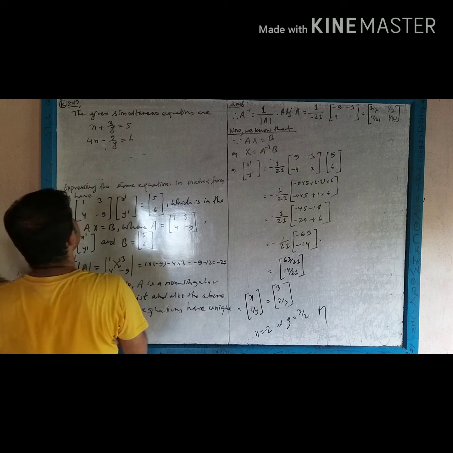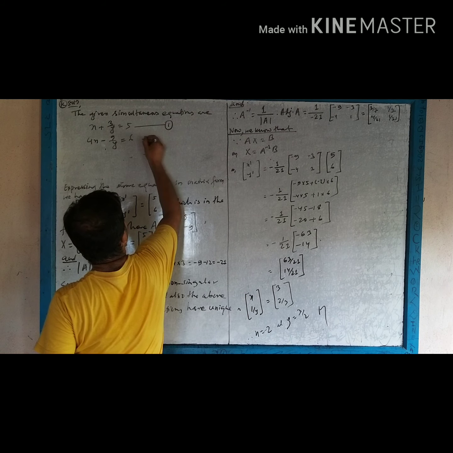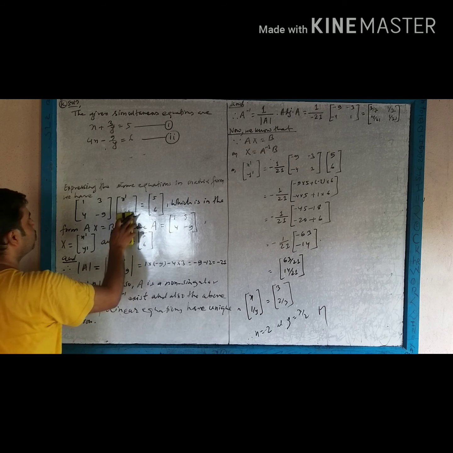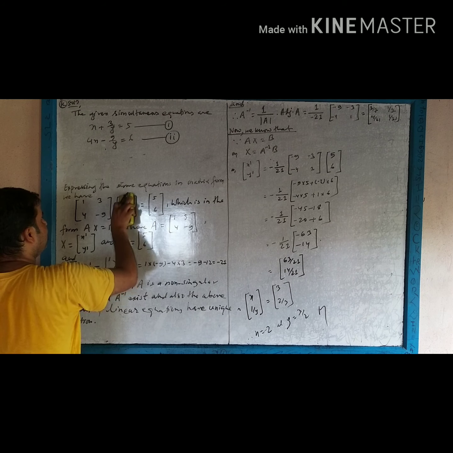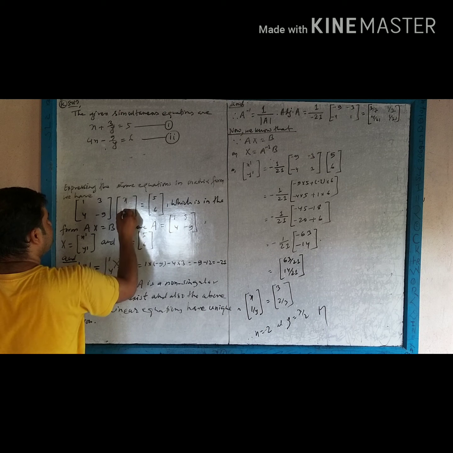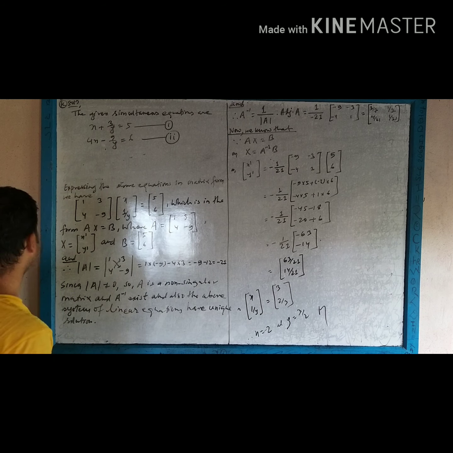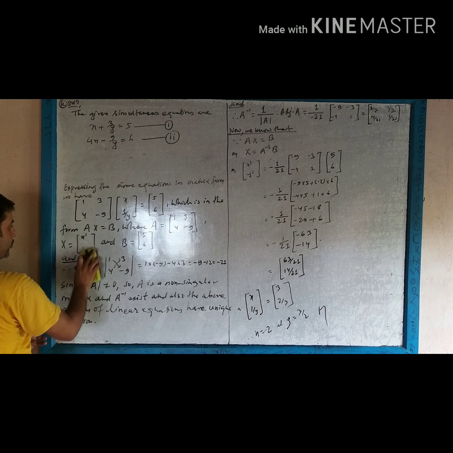Suppose you take this itself as equation 1 and equation 2. Okay, you write this here. This is x and this is 1 by y. Okay, no problem. So here will also be x and 1 by y.